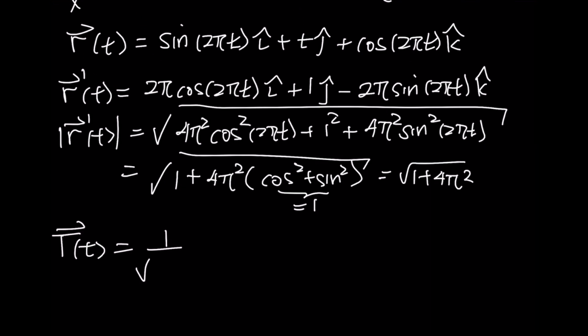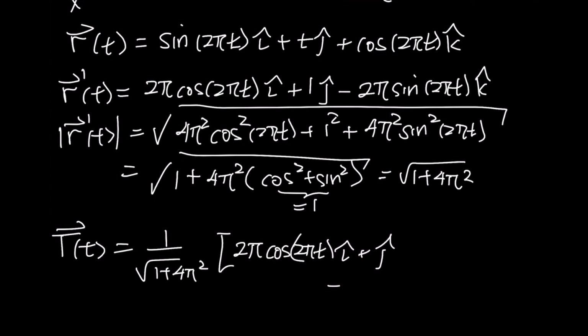It will be 1 over the length of the derivative vector times the derivative vector. So I'll get 2 pi cos 2 pi t in the i direction, a j, and then a minus 2 pi sine 2 pi t in the k direction. So what this does is it provides us with a vector that changes depending on where it is on the curve.